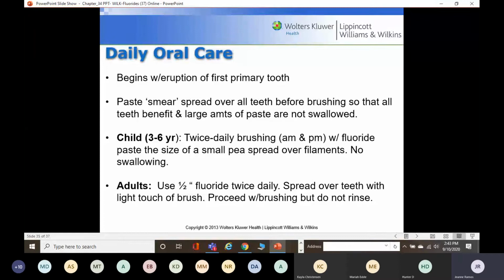A child 3 to 6 should be brushing twice daily, AM and PM, with fluoride paste the size of a small pea, already spread over the filaments so that they're not swallowing any of it. Adults use a half inch of fluoride twice daily on the toothbrush, spread over all the teeth with a light touch of the brush, and then proceed with brushing, but do not rinse.